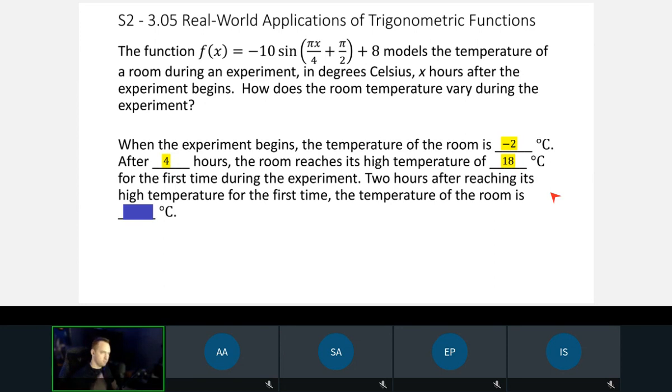Yeah. The first way is to plug x is 6 into your equation, type it, and hit enter to get your answer. Or you can go into Desmos or GeoGebra, go to x equals 6, and click to see what your y value equals. Antonio says it equals 8 Celsius.